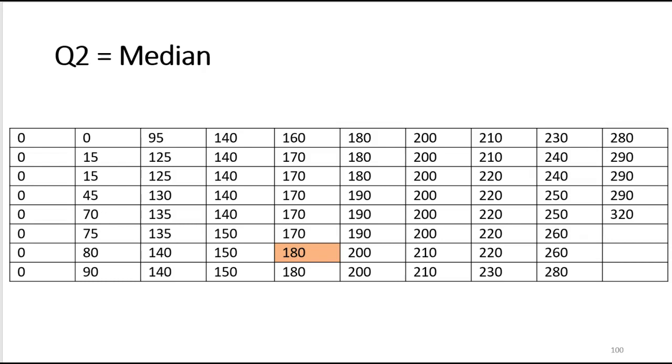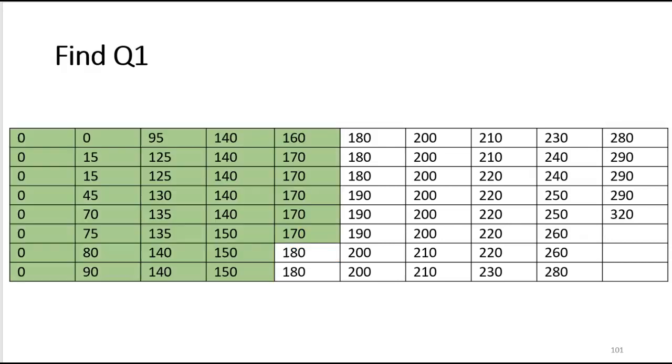Next, we're going to find Q1. To find Q1, we want to find the median of the first half of the data set when the data is arranged from smallest to largest. Highlighted in green is the first half of the data set, excluding the median, since N is odd. To find Q1, we now find the middle of these values shaded in green.